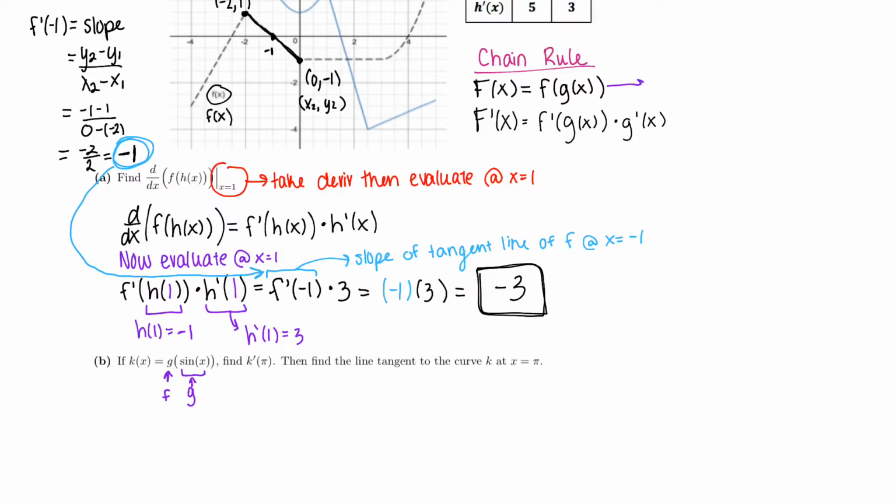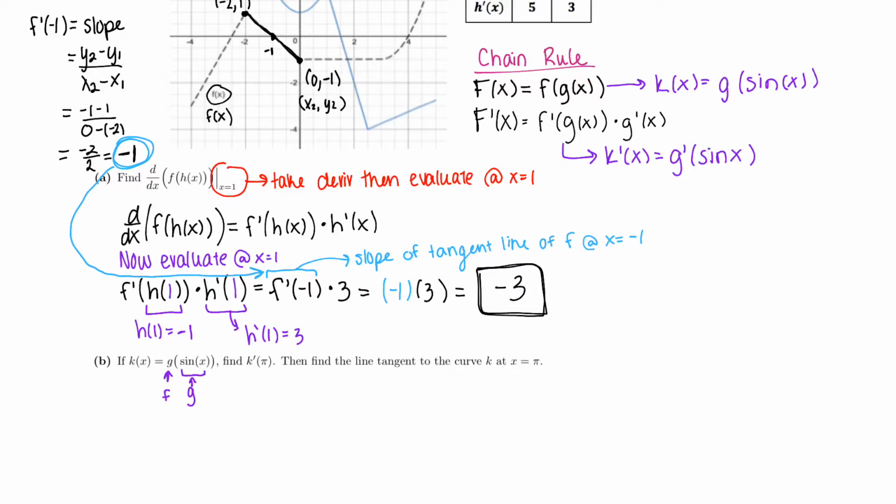So if I'm using this rule up here, k of x equals g of sine x, the derivative, right? Instead of f, it's g on the outside. So the derivative is g prime of sine x because the inside part is now sine x.